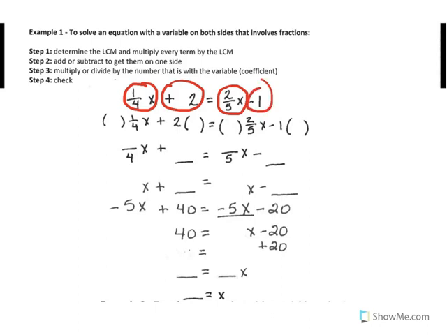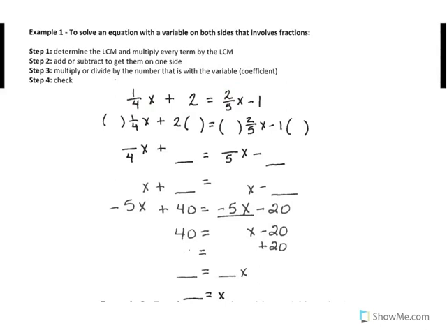So each one of those pieces is called a term, and we're going to multiply each term by the LCM. The LCM for this problem will be 20.